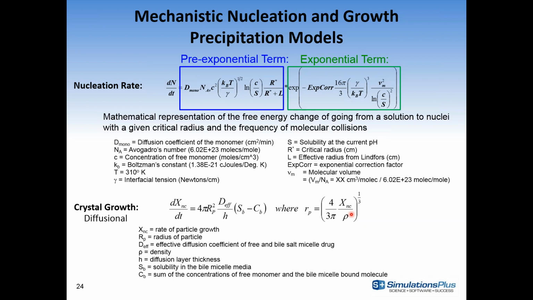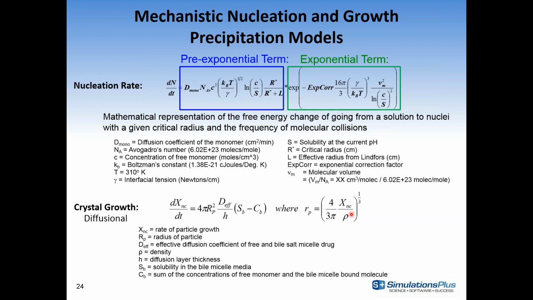Of course, there's the frequency of molecular collisions based on the level of supersaturation and whatnot. The key parameters here are the interfacial tension of the compound, which is going to determine the free energy of the critical radius. So that equation is going to be used to calculate the nucleation rate.